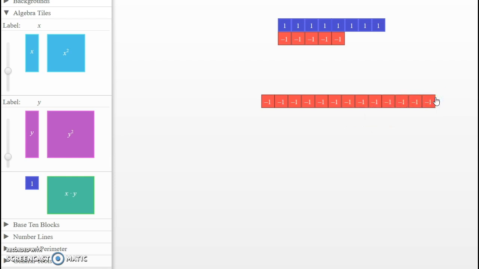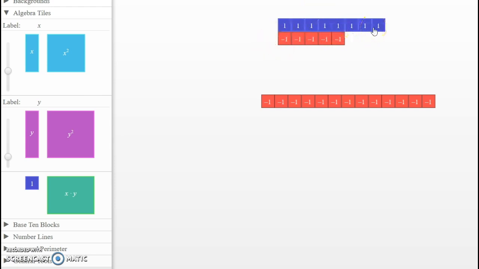Okay, the second one is negative 5 minus 8 more. But that's the same as the last one, so we didn't have enough, so negative 5 minus a positive 8.